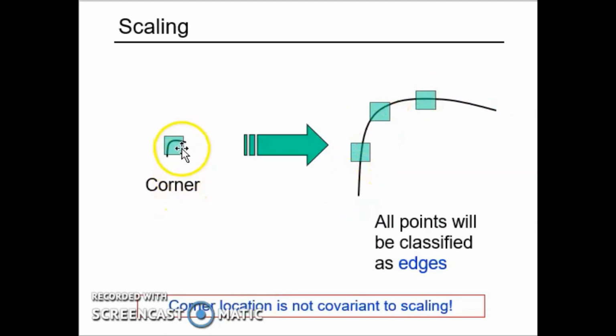And if you can see here, the size of the window is the same at both of these locations. So if the window size stays the same, all these points will start to correspond to edges, and therefore the corners will not be detected if the image has been scaled. So we can say that the corner location is not invariant to scaling changes in the images.